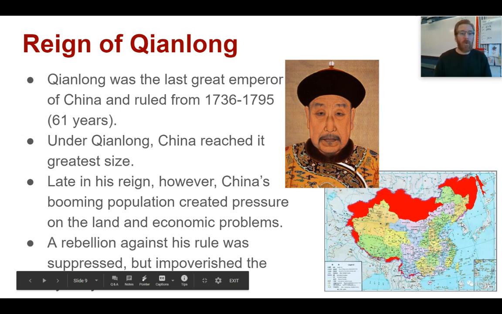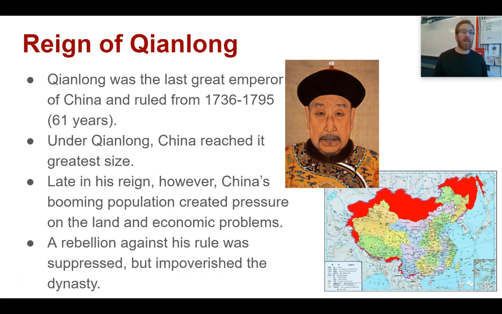Now, late in his reign, however, China's booming population created a problem for Qianlong. Population was exploding because they were doing well, but this created a lot of land and economic problems. There wasn't land for everybody, and people increasingly, the landless, became disaffected with the rule and could not find their place in society, became upset, angry, rebellious because of this.